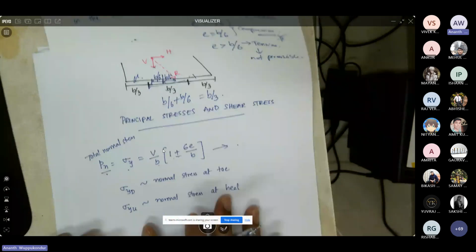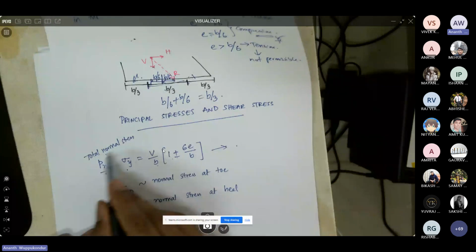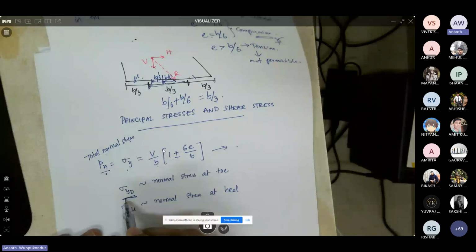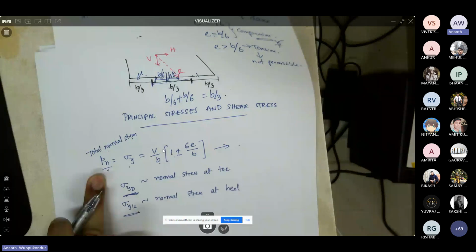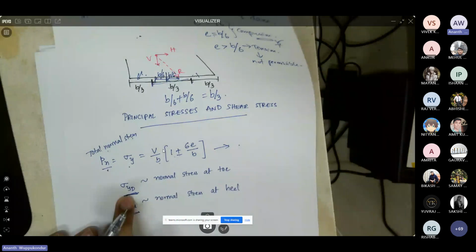If this total normal stress is at the toe, then I am representing it as sigma yd. If it is at the heel of the dam, then I am representing it as sigma yu. So the same normal stress, I'm just changing the notation so that we have different conventions for toe and heel.